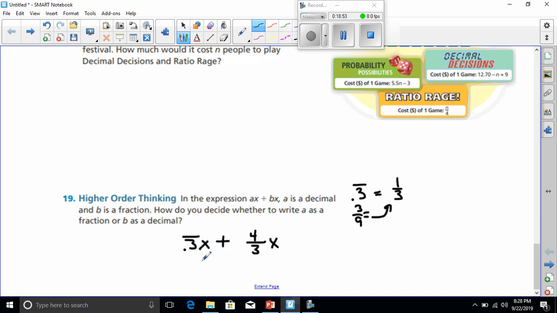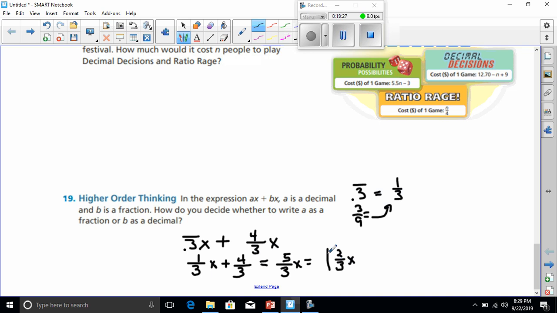I would say, okay, well, this is going to convert to 1/3 x plus, I can leave this at 4/3 x, and look, now my denominator is the same, and now it's just 1 plus 4, and that's going to equal 5 over 3 x, and that's going to equal 1 2/3 x. So you see, yeah, I can go ahead and get my denominators the same, or if I'm dealing with a repeating number, I definitely want to deal with fractions.